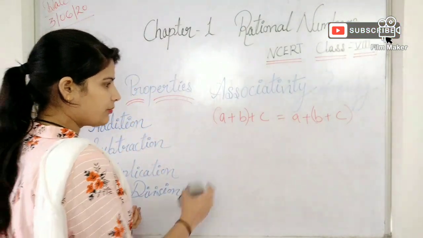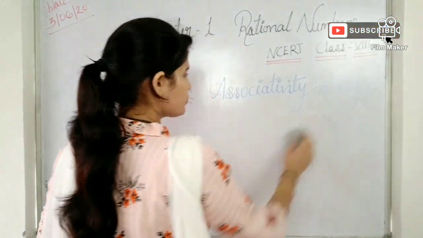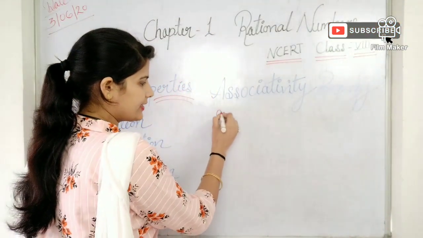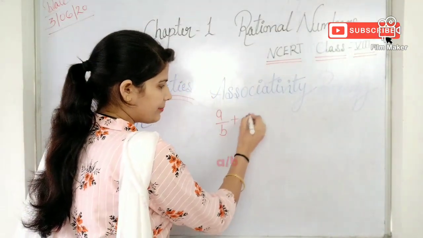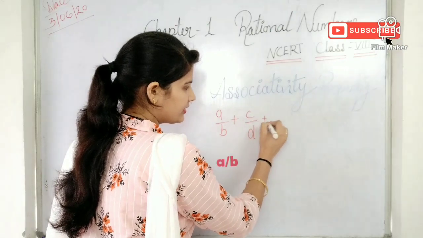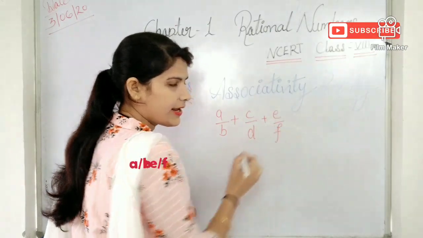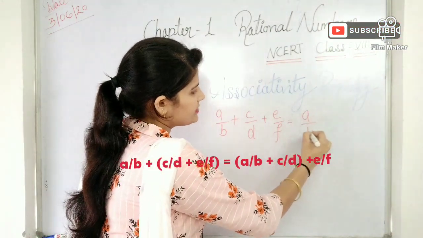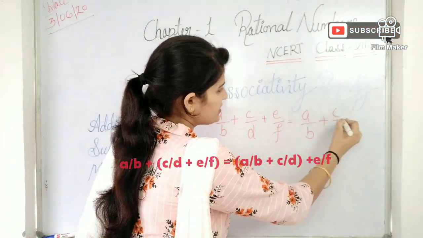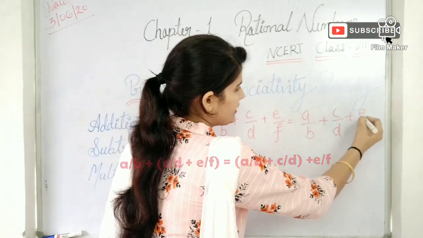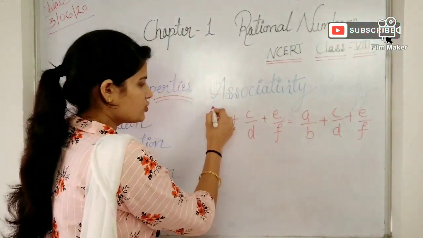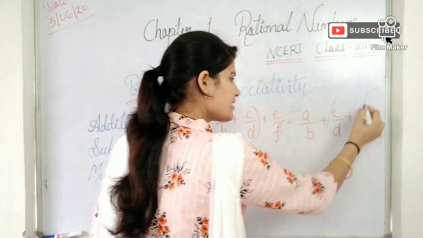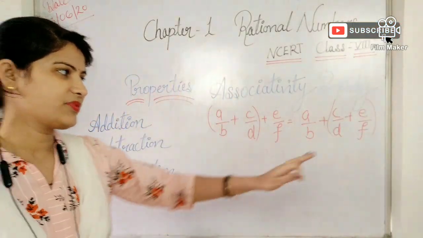So in rational numbers, the similar associative property is a upon b plus c upon d plus e upon f, equal to a upon b plus c upon d and e upon f. So first we'll solve this and next this.